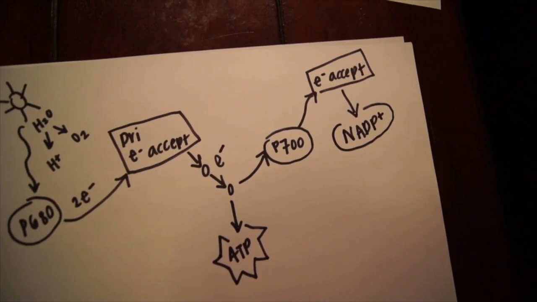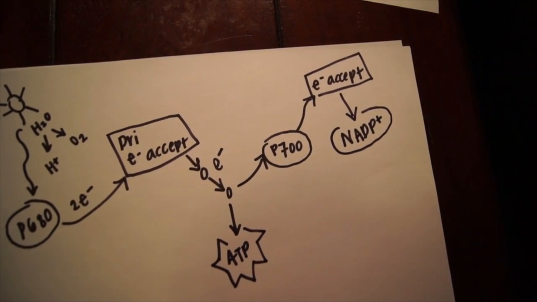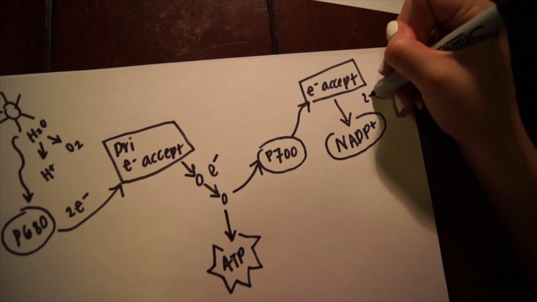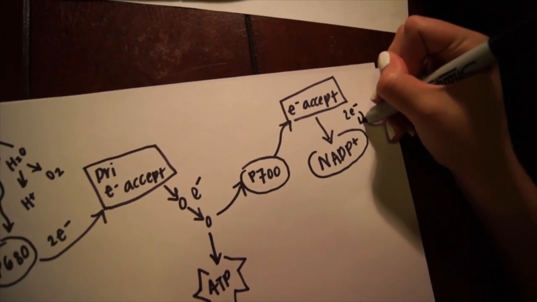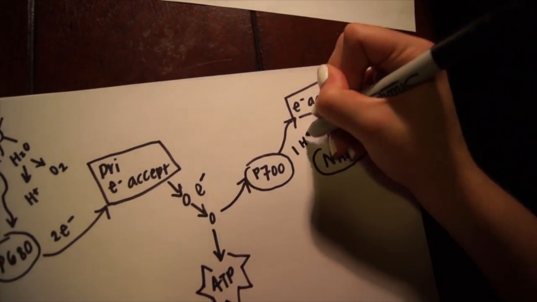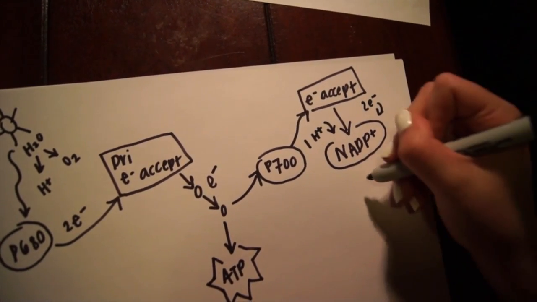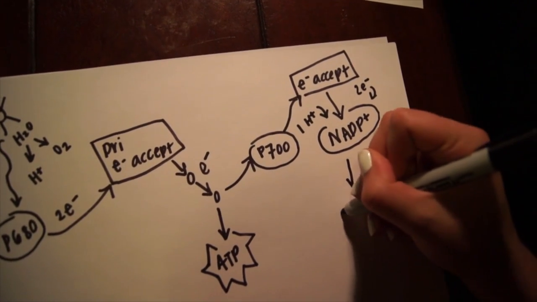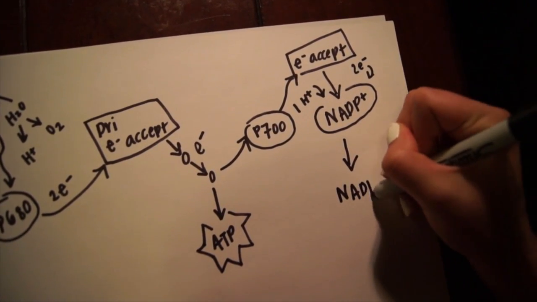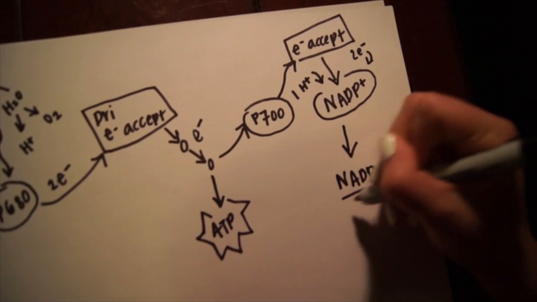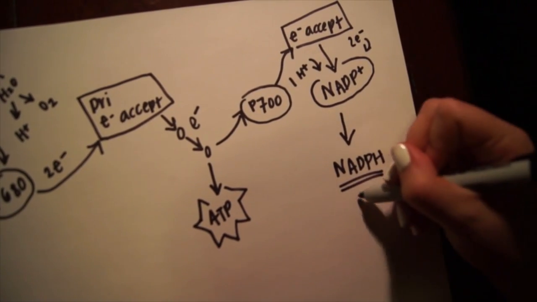Each NADP+ accepts 2 electrons and 1 H+. NADP+ is reduced to NADPH. NADPH has lots of energy, which is used by the plant in the Calvin cycle.